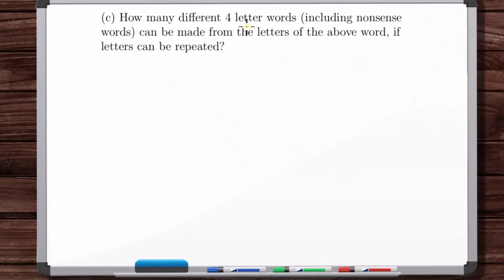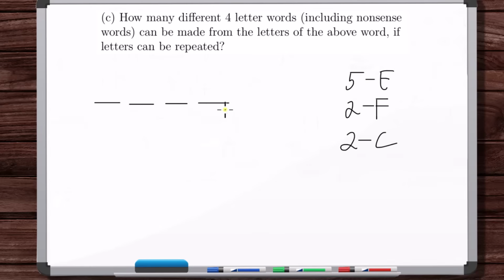All right, how many different 4-letter words can be made from the letters of effervescence if letters can be repeated? Okay, so once again, we've got 5 E's, 2 F's, 2 C's, okay, 4 letters. All right, now, so unique letters, there's 7.